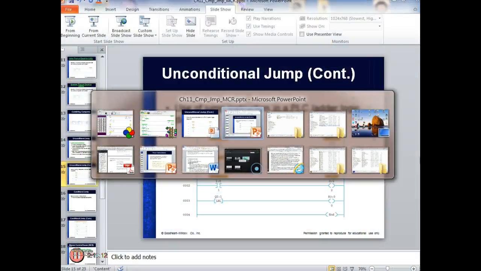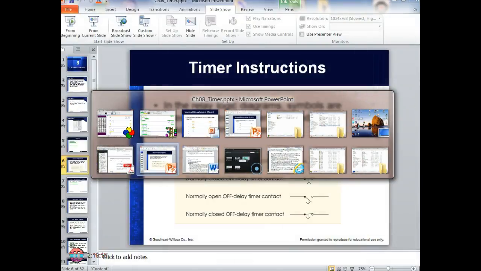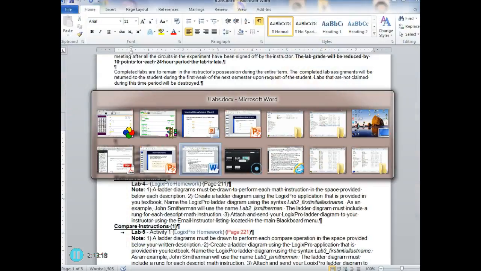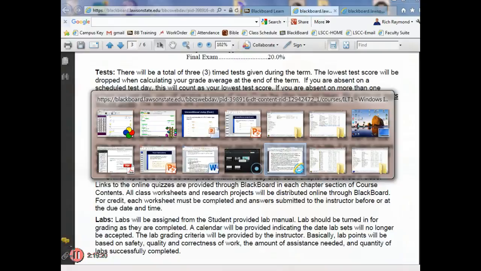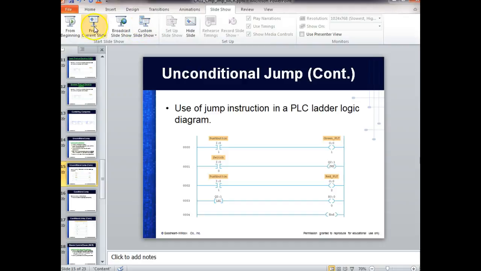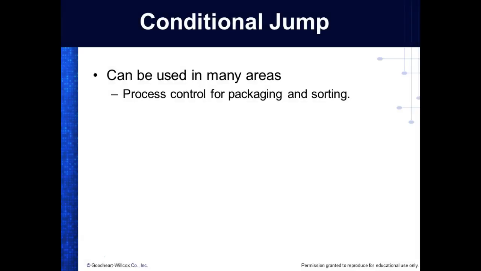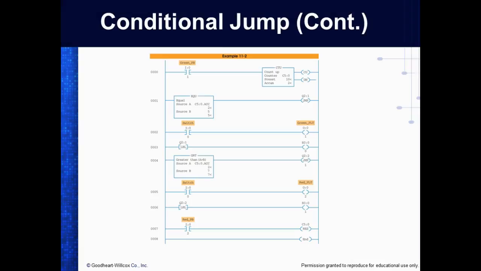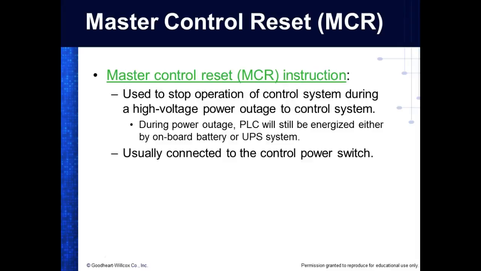Master control reset, MCR. So this is the one we just looked at. The master control reset instruction is used to stop operation of control systems during high voltage power outages.